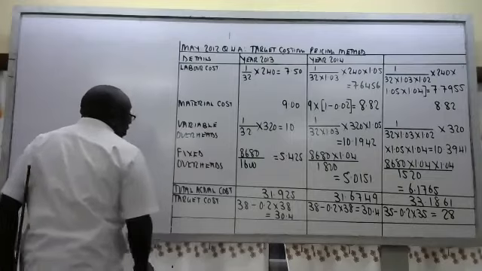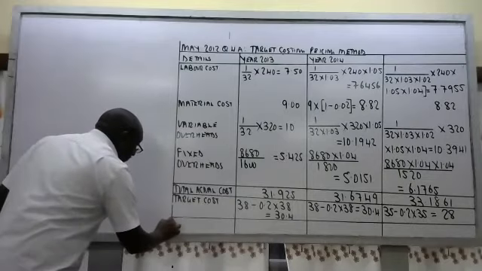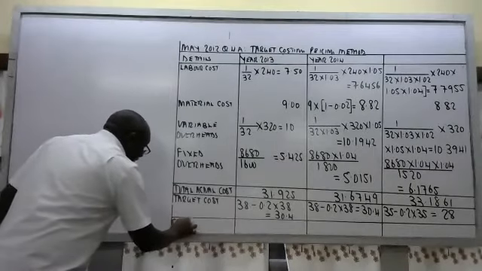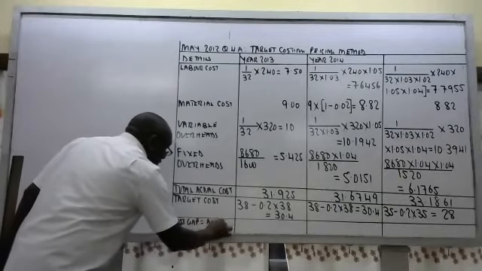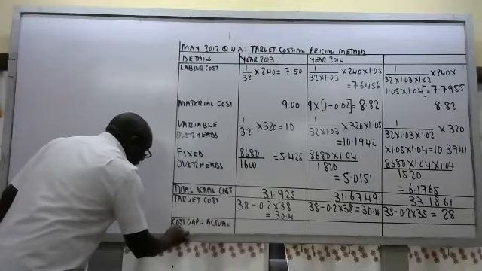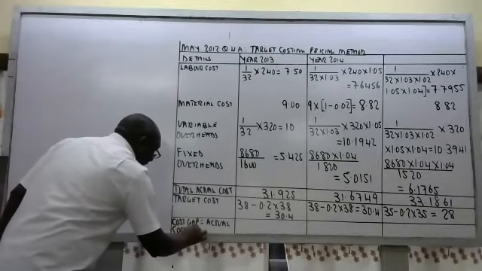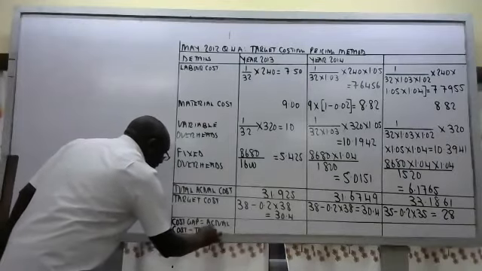Then there is what we call the cost gap. And cost gap, I told you, is the actual cost minus target cost.